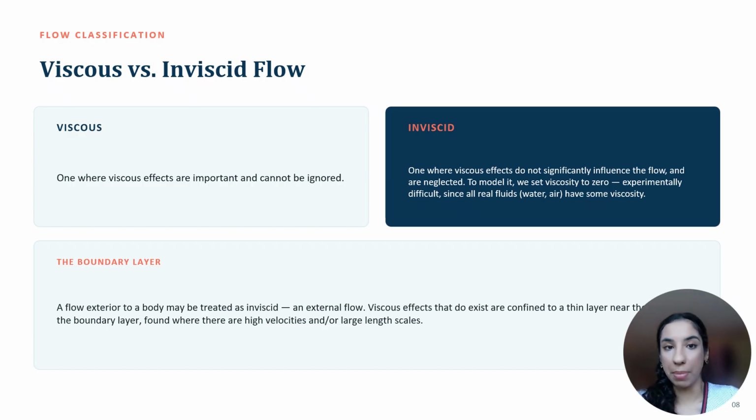Now we have something called the boundary layer. Let's say you have a solid object, just leave it on a table and you've got air. Air is a fluid, it has some viscosity. Obviously, every fluid has viscosity. The air is all around the object, and there is a boundary layer, a layer of air closest to the solid.